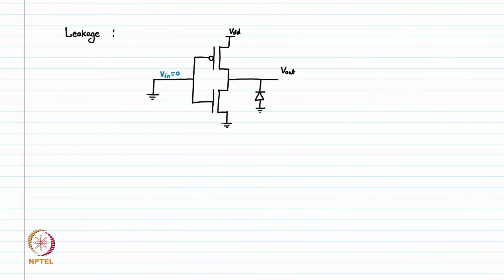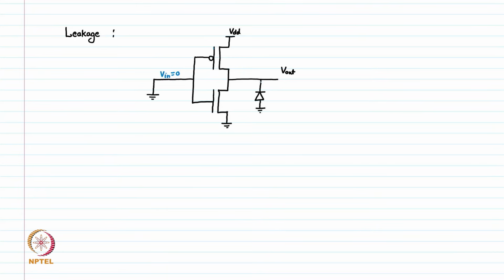So this leakage current is there because the materials we use for this processing are not ideal materials, these are real materials and they have a certain amount of leakage. So that leakage we want to measure by putting inputs as 0.